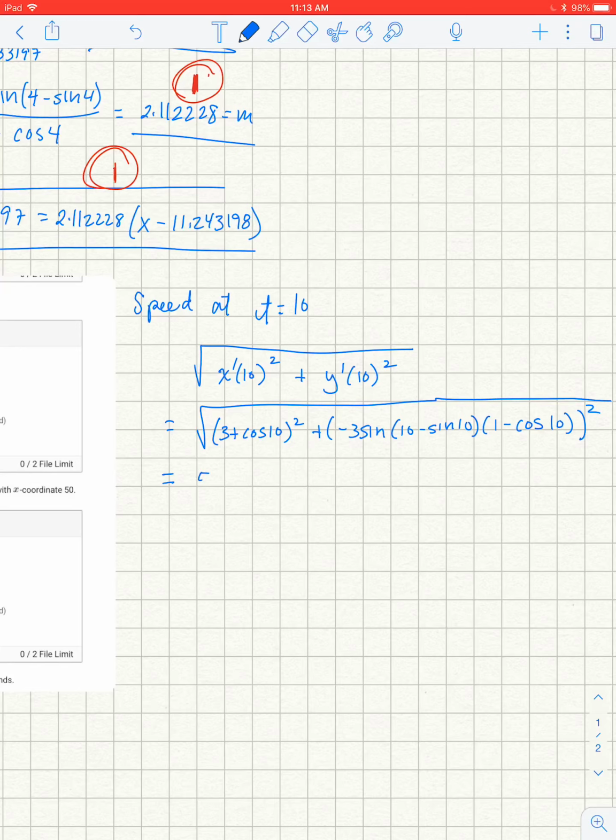So when I type that in the calculator, I get 5.414163. So at t equals 10, the speed is 5.414 meters per second.